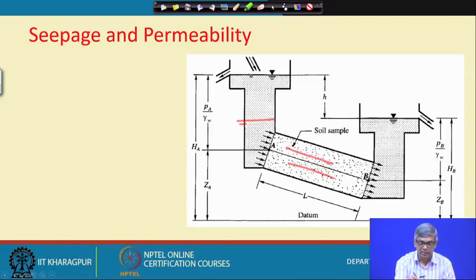Here, up to this is called the datum head, and then this is the pressure head, and here this is the datum head because of the midpoint, and then this is the pressure head. These two are the total head here and total head here. The difference of these two is shown as H. This H is the head difference, and the length travelled is L. So, hydraulic gradient will be this by that.